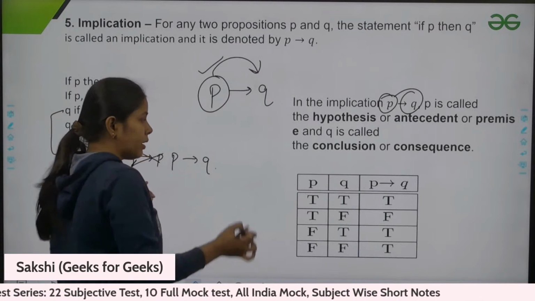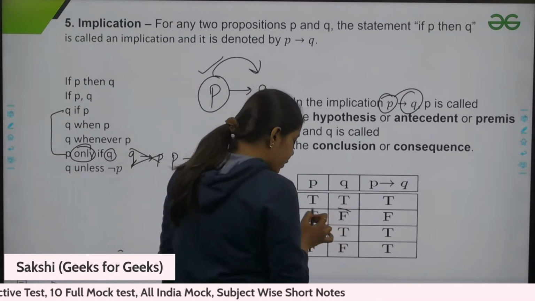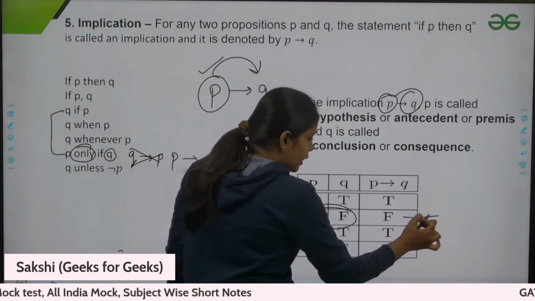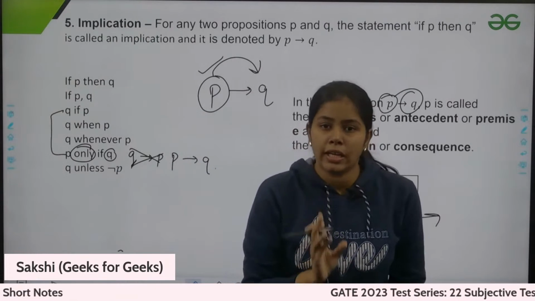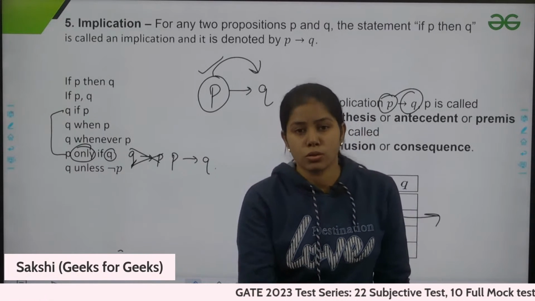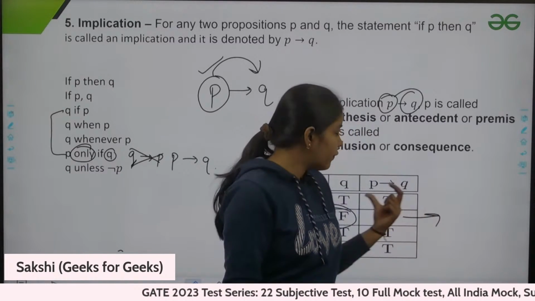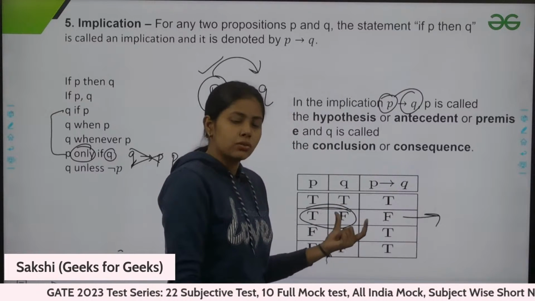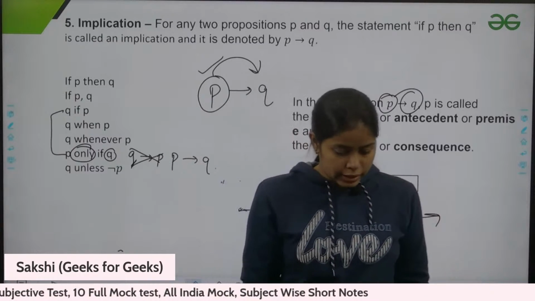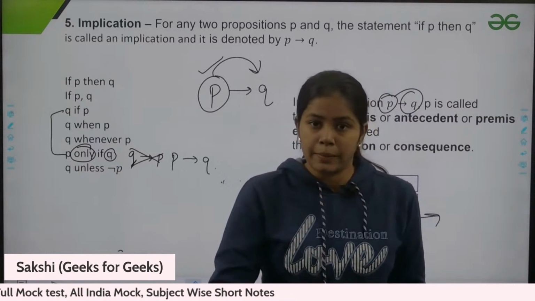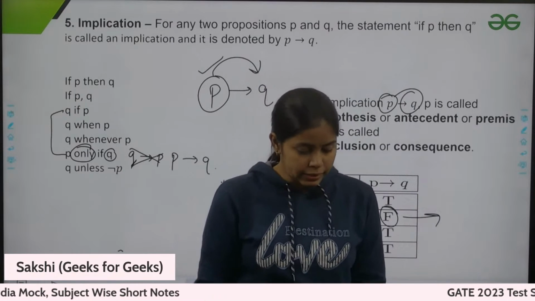This is a statement, na? So when we have P true, Q false, we are getting false, otherwise we are getting true, because if we have taken the hypothesis correctly, then we can also conclude correctly. So if we get hypothesis true and conclusion false, that would be my false statement. Otherwise in all other cases I'll get a true statement, right? I hope this is clear.